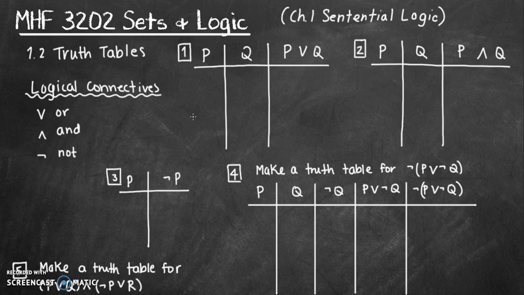Truth tables go from left to right and top down. So to start off, P and Q represent statements, and these statements can only be true or false.